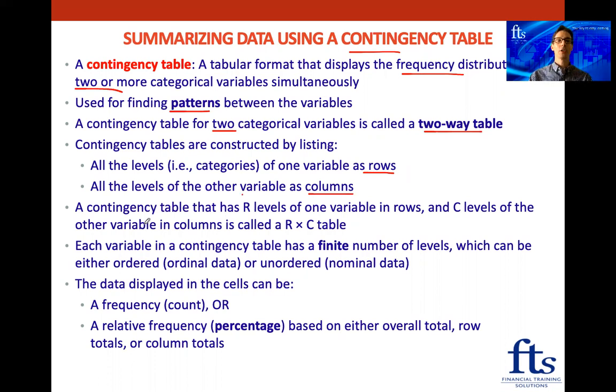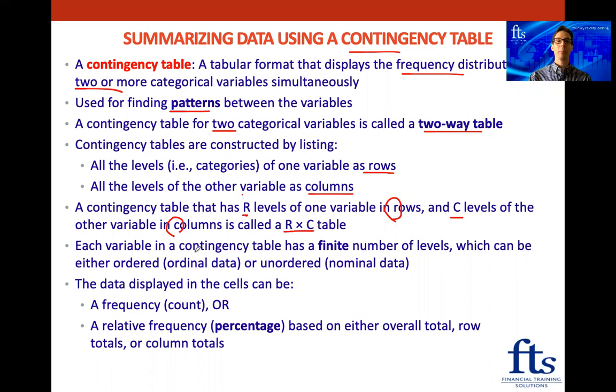So if we've got a contingency table that has R levels of one variable in rows, and then C levels of the other variable in columns, we're going to call it an R by C table. We are going to do an example in a minute.